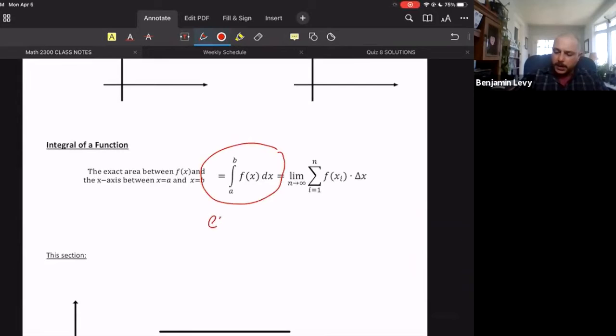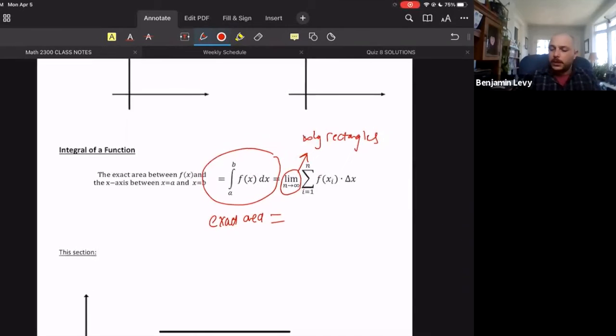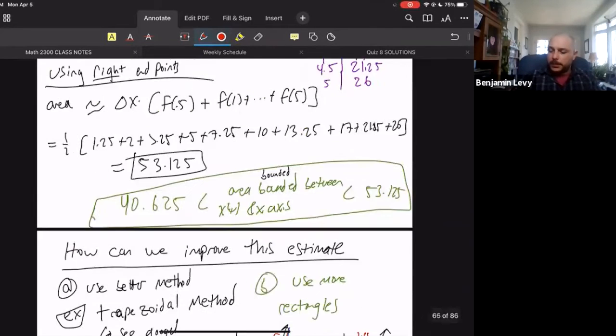This is the exact area. If you take infinitely many rectangles, excuse me, I keep saying triangles, we would get that exact area. And so that's how we usually bridge this concept with the exact area.